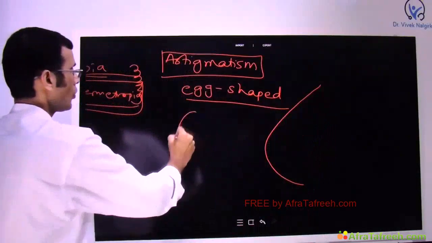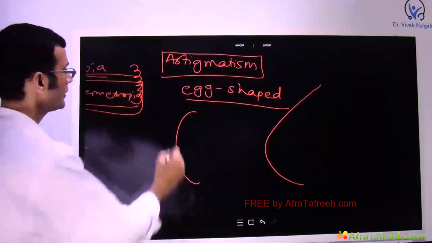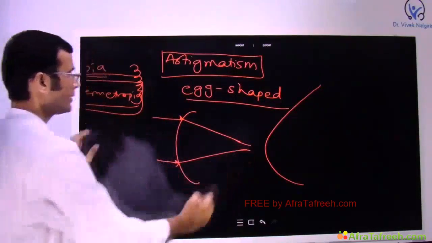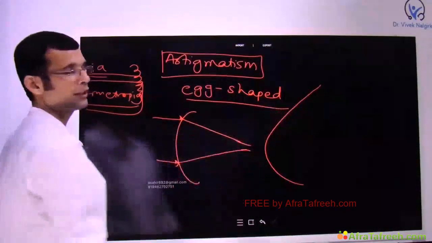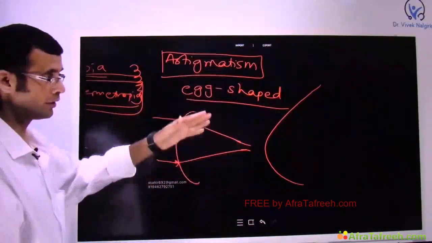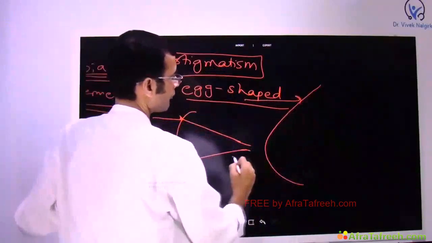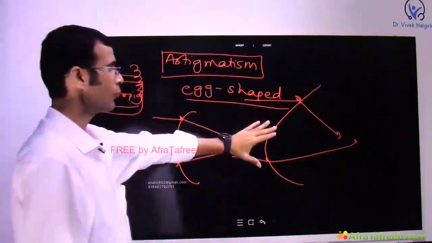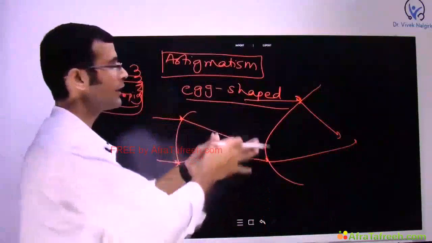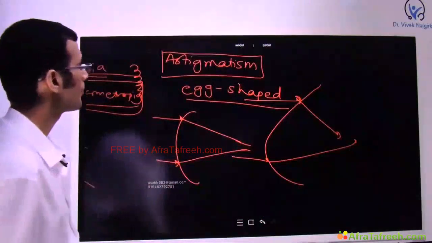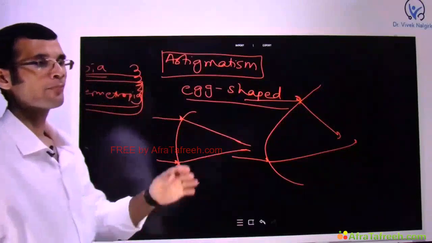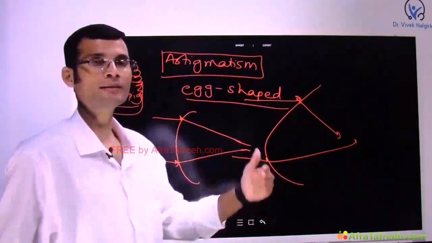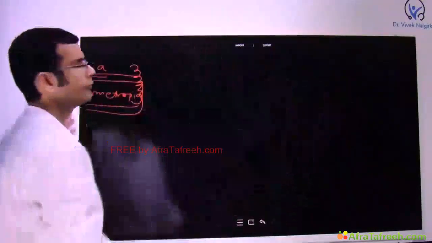You see, a normal curvature of the cornea would be like this, so light rays, their refraction would be with the same angle, whereas an egg-shaped cornea has two planes of surfaces, and therefore refraction is not with equal angle, and therefore the light rays do not meet and do not create a clear-cut image on the retina. The treatment of this would be correction in one plane by a spherical lens and correction in the remaining plane by the cylindrical lens.